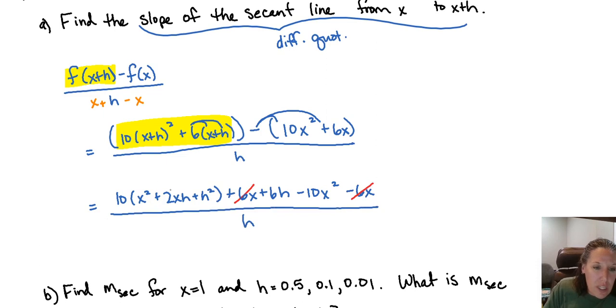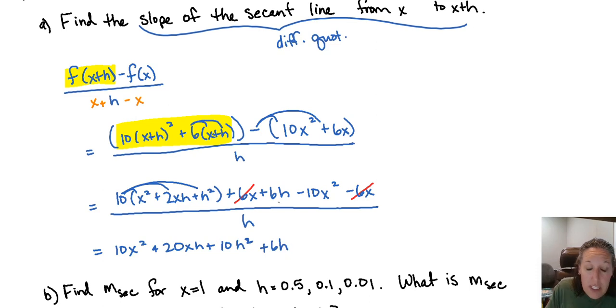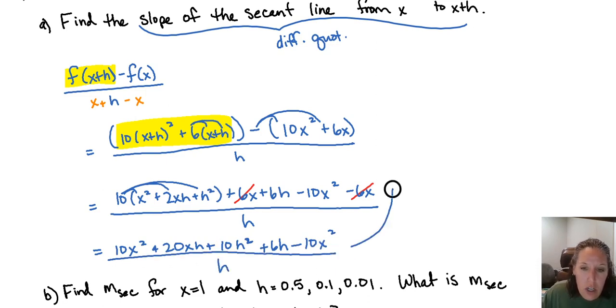Let's go ahead and distribute the 10 to this first set of parentheses here. That's going to be 10x squared plus 20xh plus 10h squared. We still have our plus 6h and negative 10x squared. All of that is still over h.